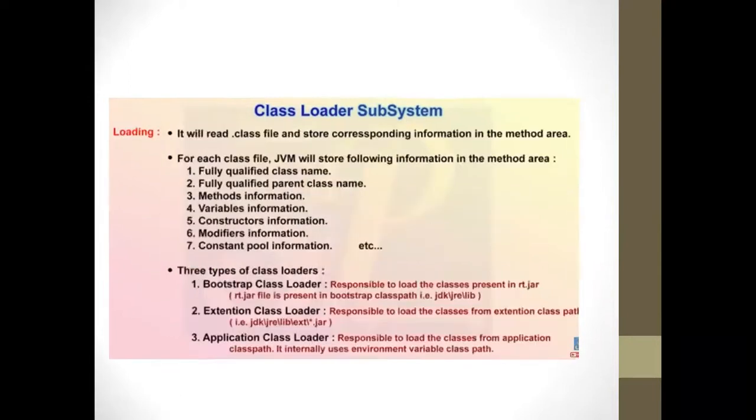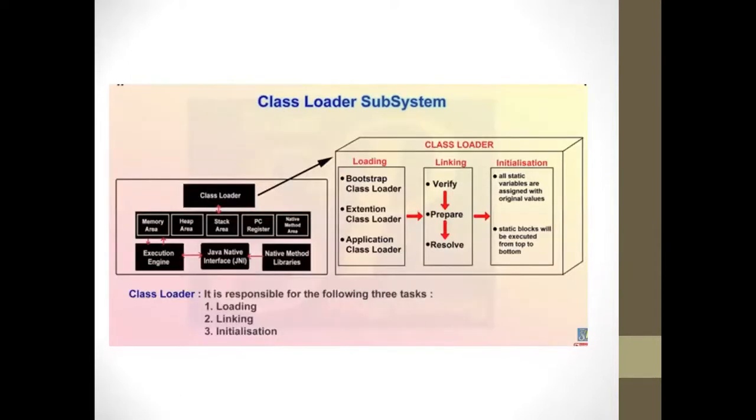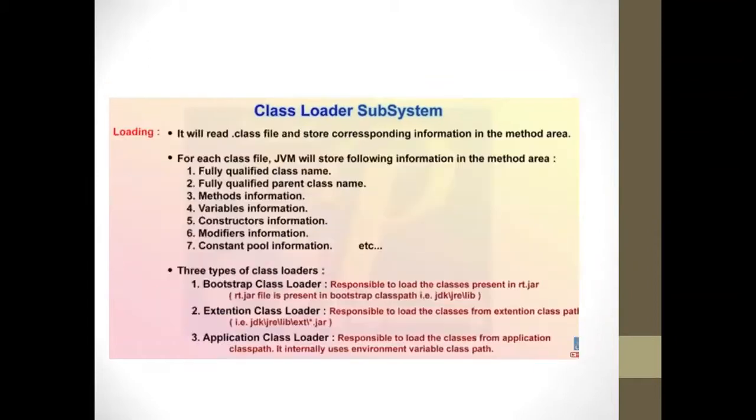Fine. So we are done with the class loader subsystem, with two tasks completed. One is the loading part, which loads a class file and stores the required information in the method area.